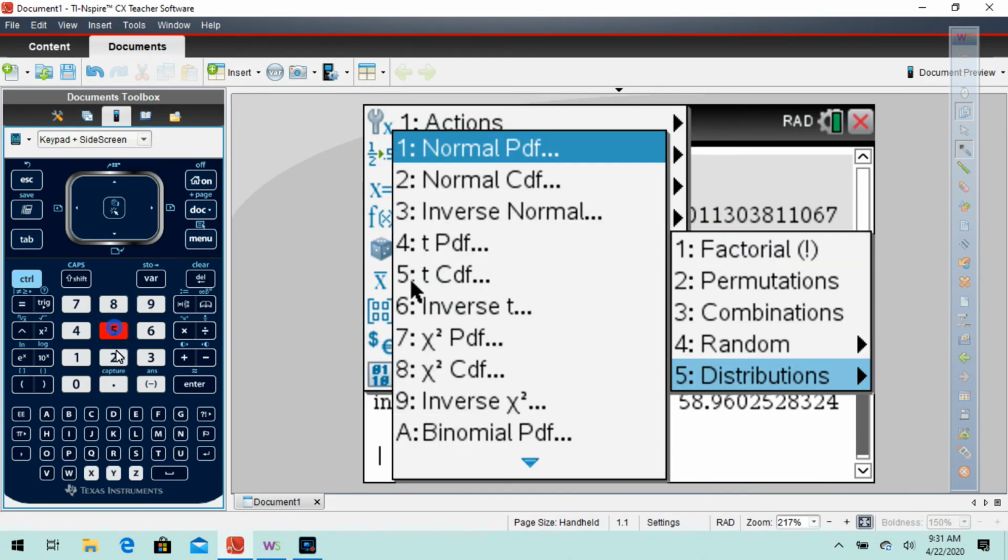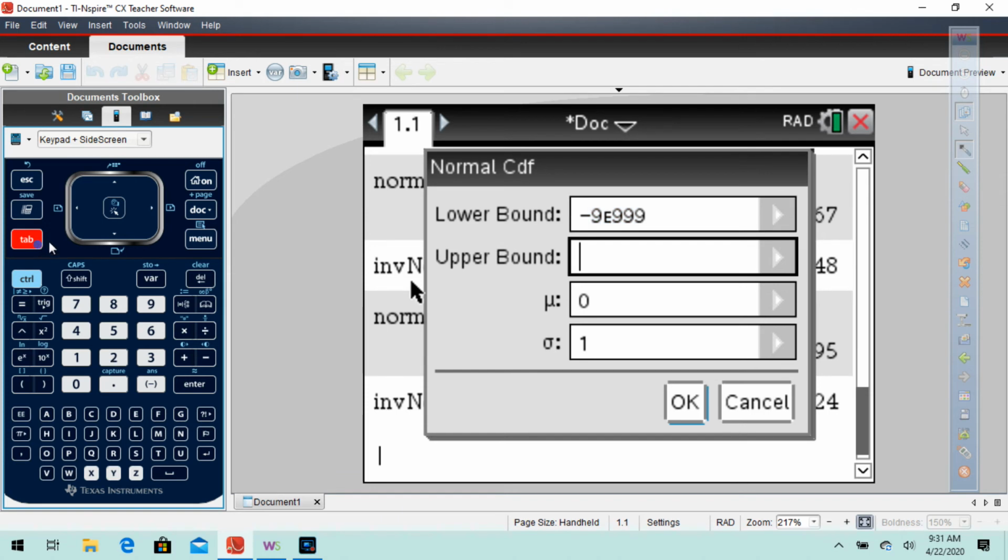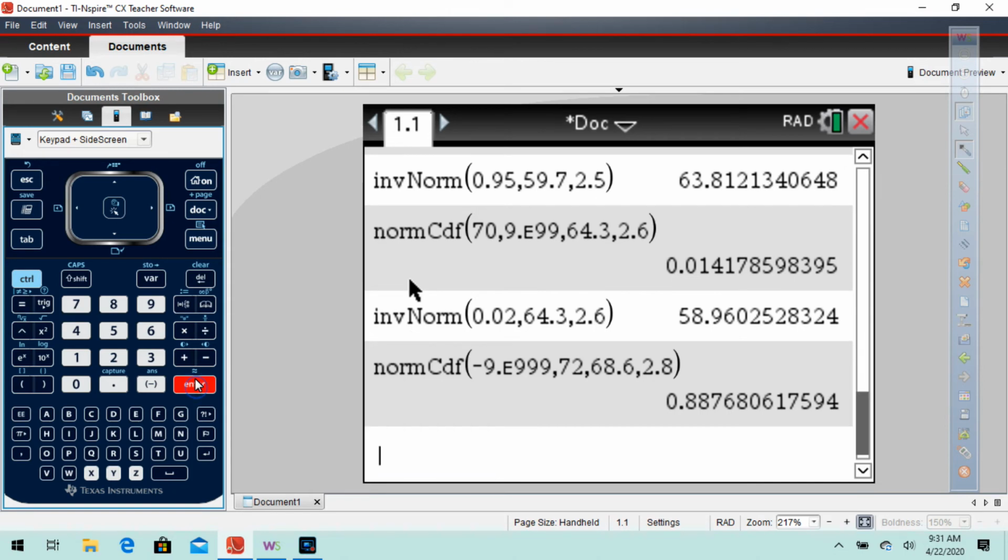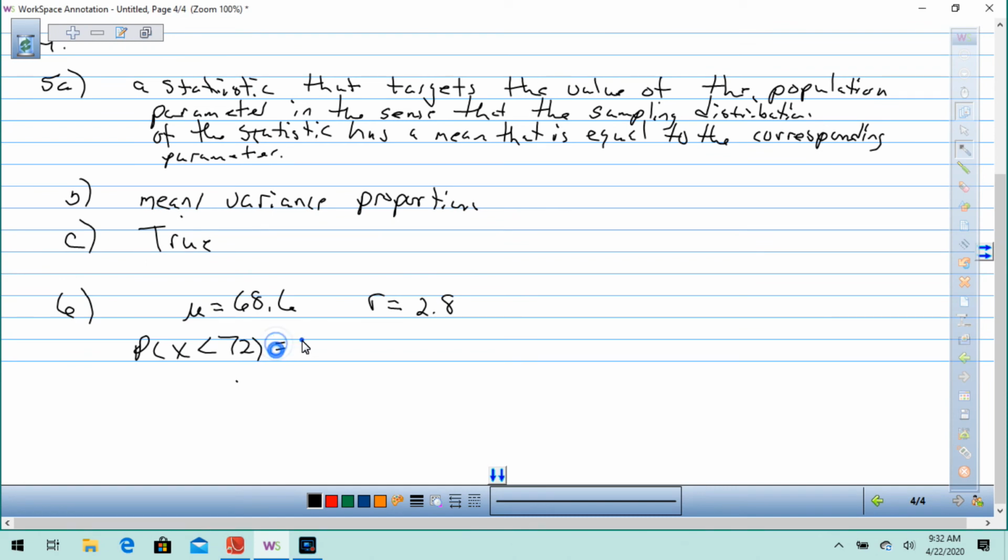Menu 552. Lower bound is negative infinity. Upper bound is 72. Our mean is 68.6, our standard deviation is 2.8. And that's 0.8877.